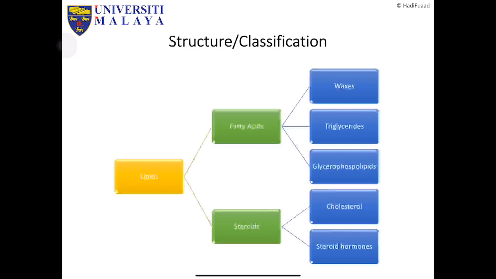Okay, so this is a general structure or classification. We have lipids here. It can be divided into two groups, fatty acid and steroids. And fatty acid can be further categorized.